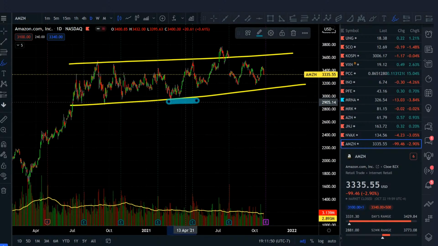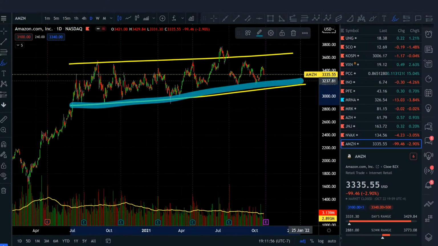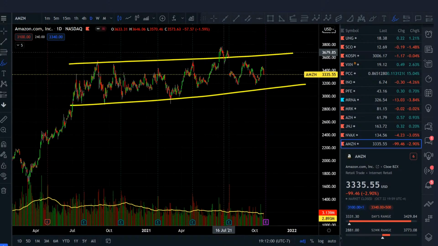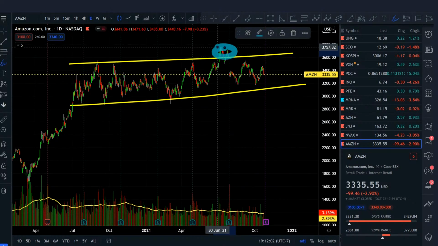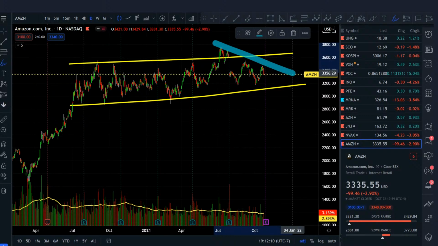Even though somebody could still trade this support level and sell it up here. It's totally possible. But still, what I'm saying is, after Jeff Bezos left the CEO position, that's when things started to look not so great. I think he announced it somewhere here, if I'm not mistaken, right before the earnings. But this is still downward sloping like this.